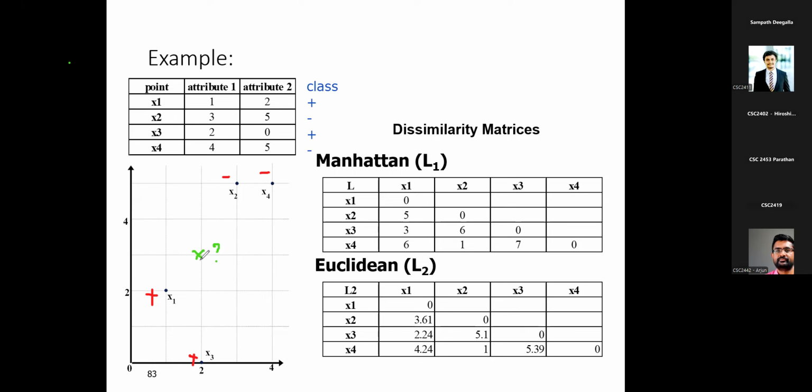Ideally, what you do in nearest neighbor is calculate the distance from the test instance to all the other instances. You calculate the distance from here, all the 4, and select, if it is one nearest neighbor, 1NN.